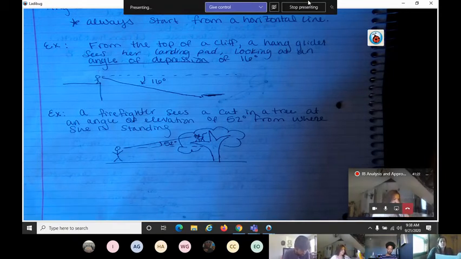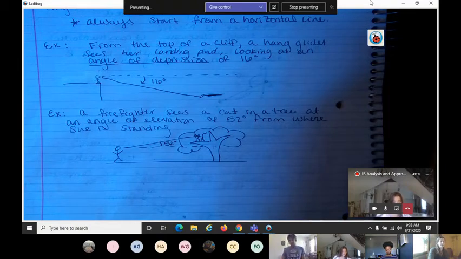So we're going to work on the applications of non-right triangles sheet. I have steps for solving at the top of it. This sheet is listed on Canvas, so feel free to go ahead and pull that up.